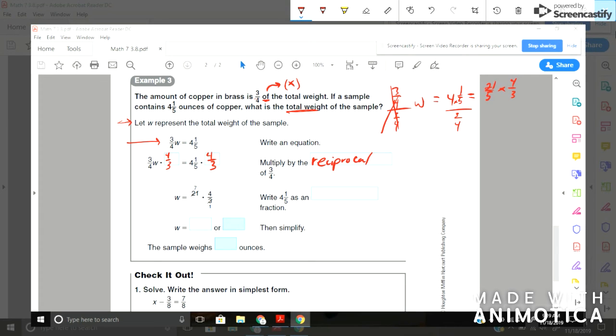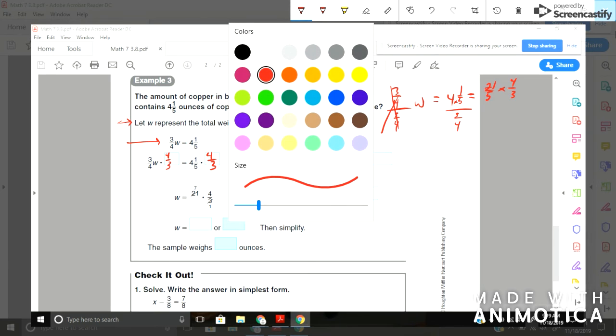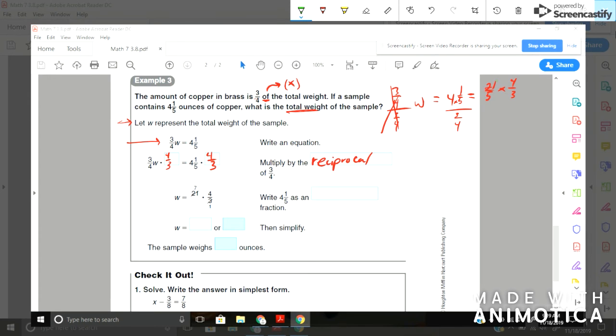Equals, and now let's simplify over here before I multiply. So divide each of these by 3. It would give me 1 and 7. Okay, 7 times, I skipped a step here, but we already did this. Write it as an improper fraction where the numerator is bigger than the denominator. And now let's get to multiplying. 7 times 4 would give me 28 over 5 times 1 would give me 5.